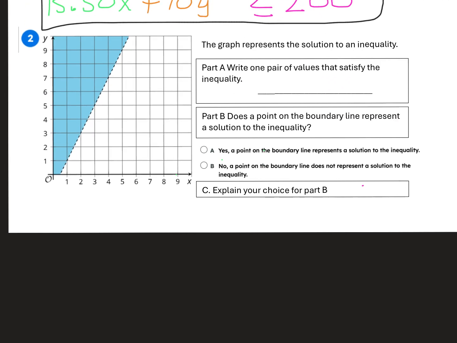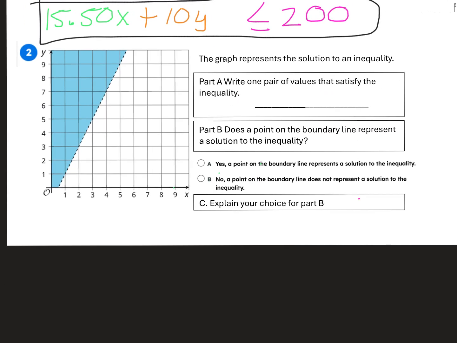For number 2, it says the graph represents the solution to an inequality. And it says write one pair of values.